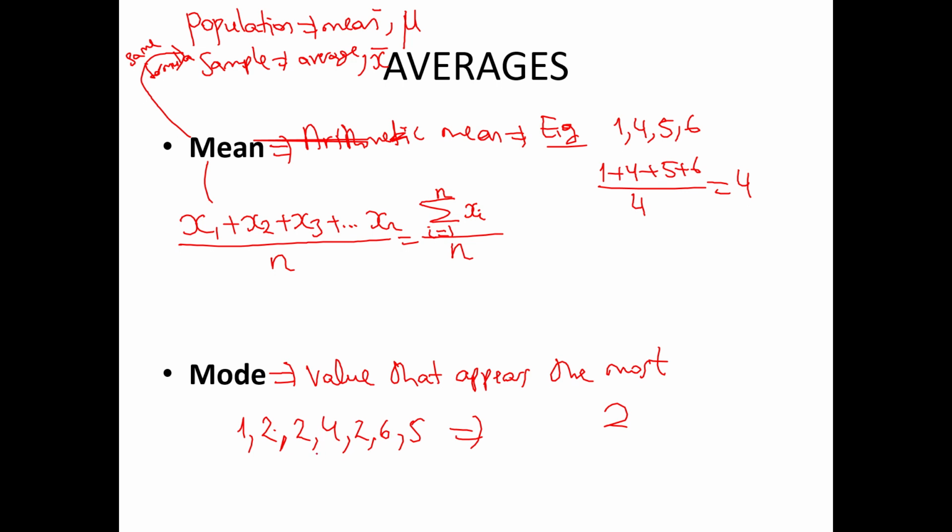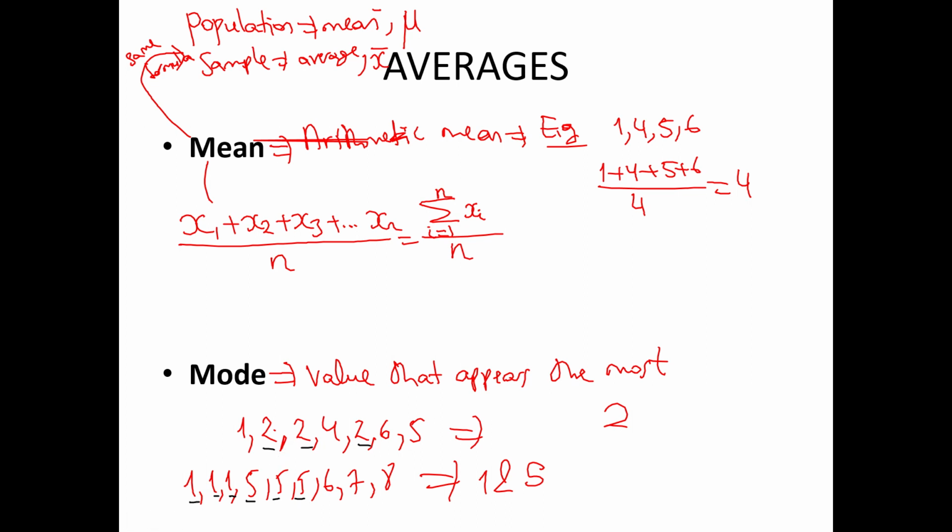It's also possible that you have more than one mode. For example, you have 1, 1, 1, 5, 5, 5, 6, 7, 8. Then the modes are 1 and 5.